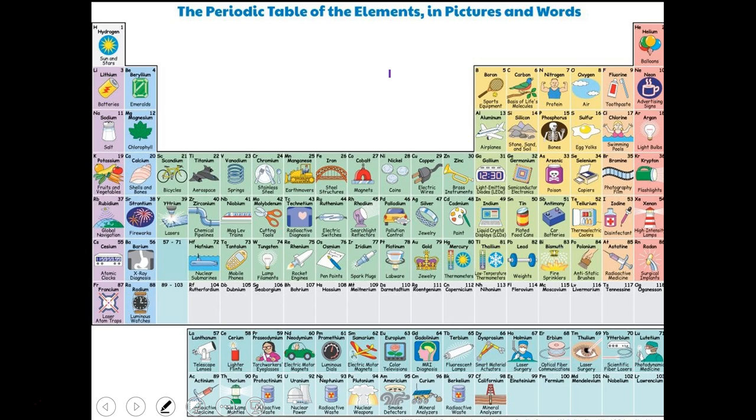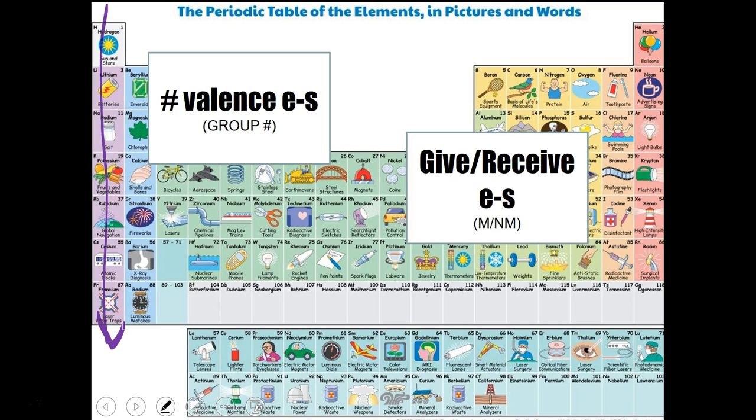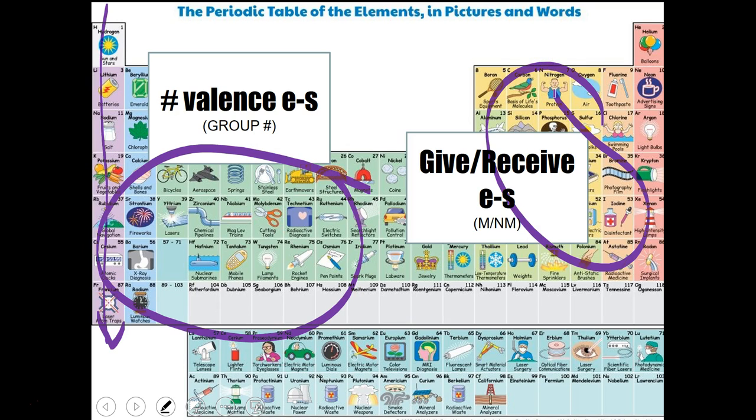All right. So again, we can classify how many valence electrons they have. We look at the group number, and that'll tell us valence electrons. Whether it's a metal or a nonmetal will tell us if it's going to lose or gain electrons.